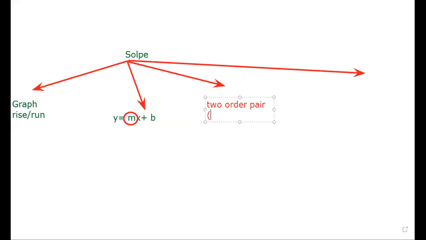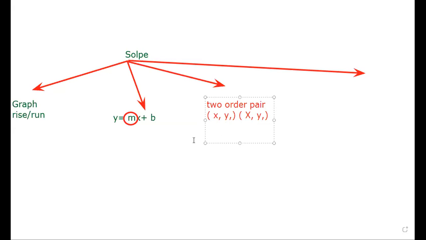So we can use the first ordered pair x1, y1, and the second ordered pair x2, y2, and then we will use the formula. Which formula will we use?